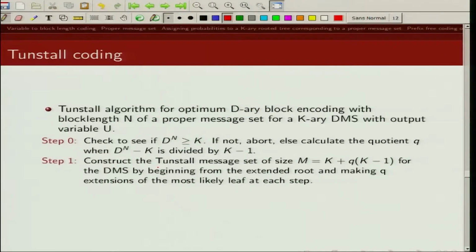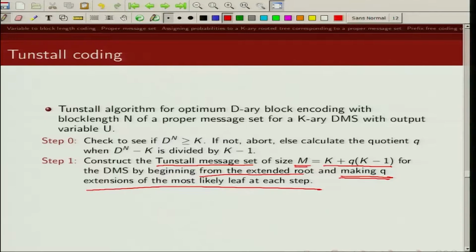Next, we construct a Tunstall message set of size M, where M is given by K plus q into K minus 1, and we start with the extended root and we will make q extensions of the most likely leaf at each step.